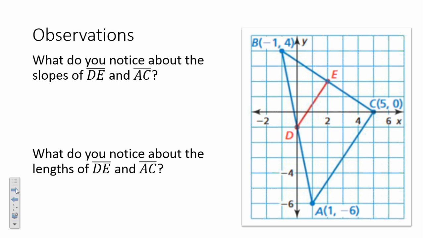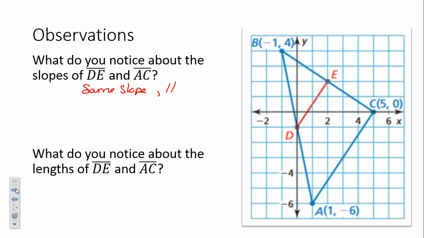What do you notice about the slopes of DE and AC? They're the same, they're parallel. I love hearing that. Let's verify. You have to show me that. You can't just say that they're parallel. You have to tell me what their slopes are.